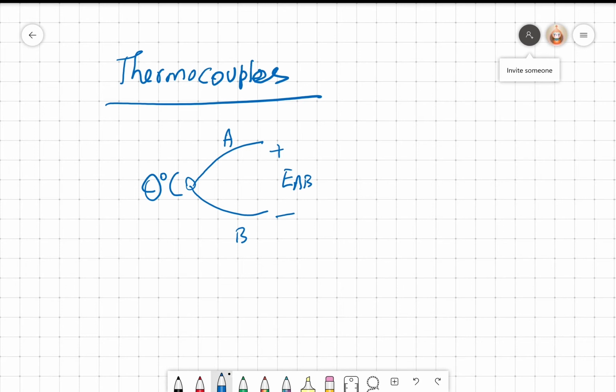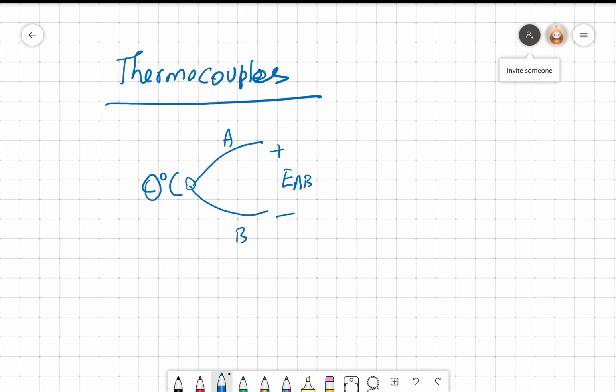The thermoelectric voltage occurs mainly because the materials have different work functions. A work function is the energy that is required to liberate the outermost electron in the metal.